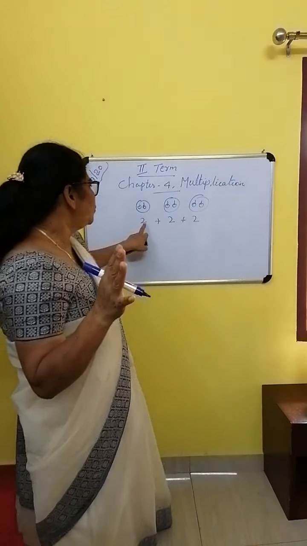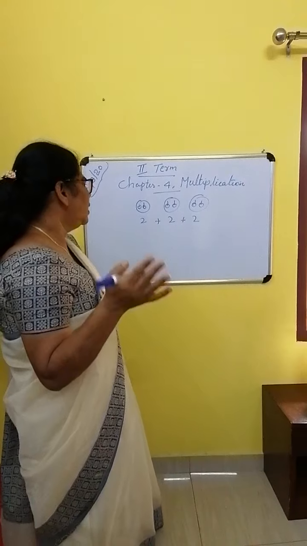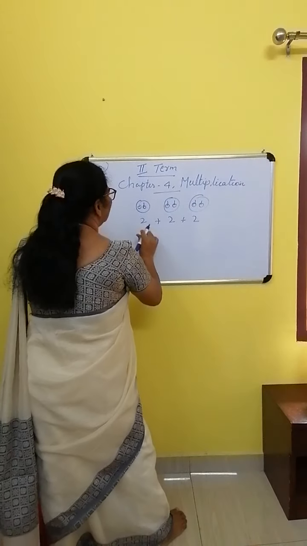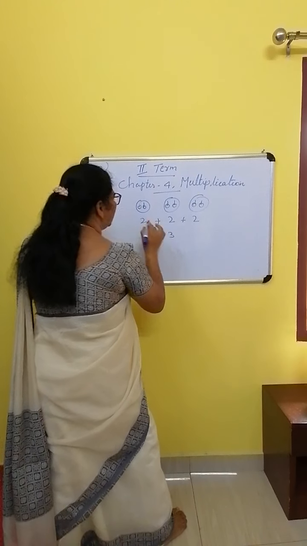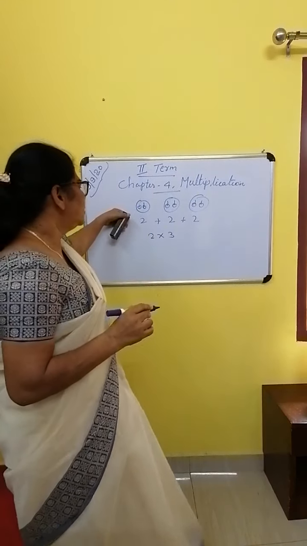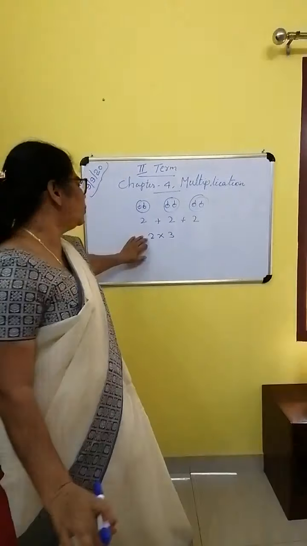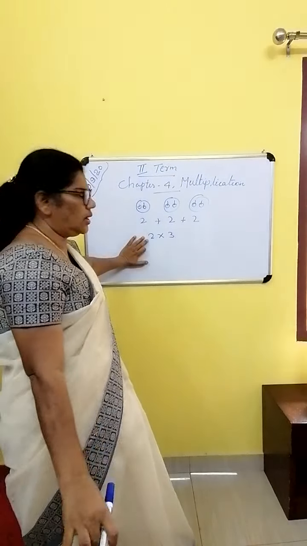So 2 is repeated 3 times. Don't write 3 into 2. 2 into 3 should be written. In this problem, if you write 3 into 2 it is not at all correct. 2 into 3 is correct.